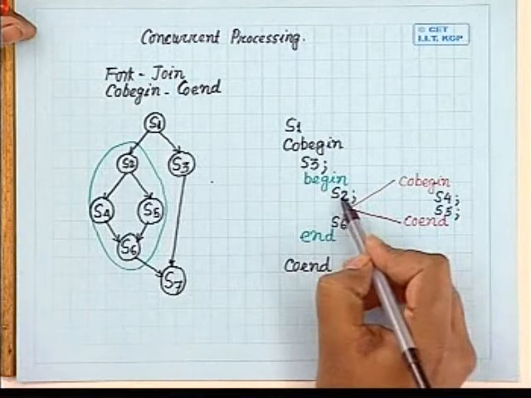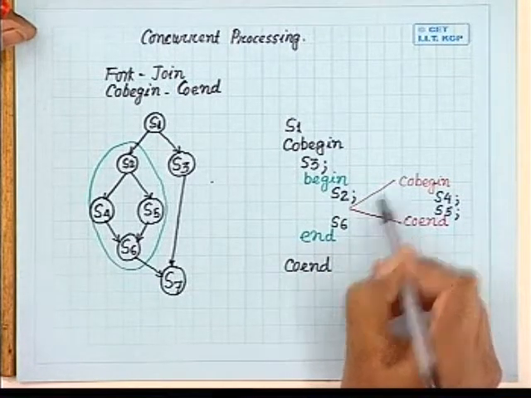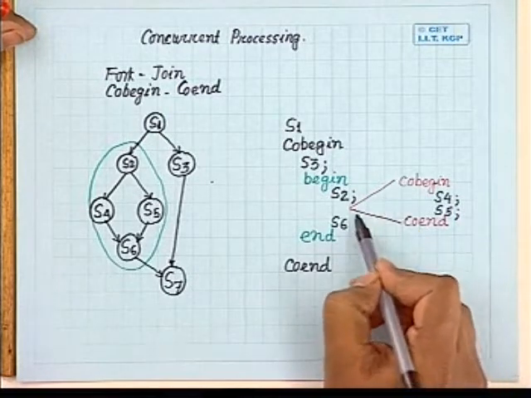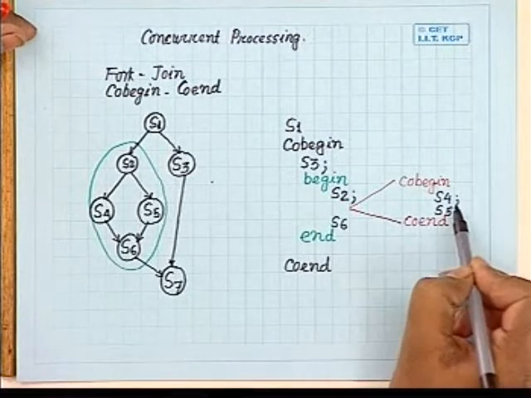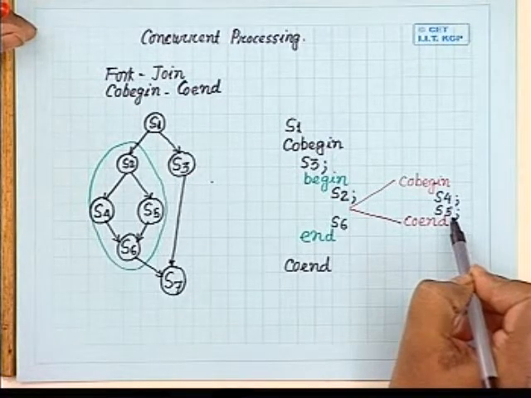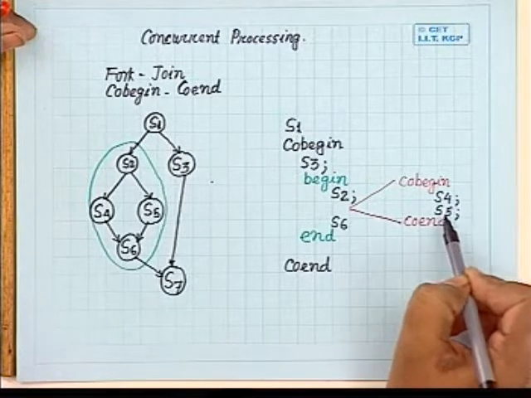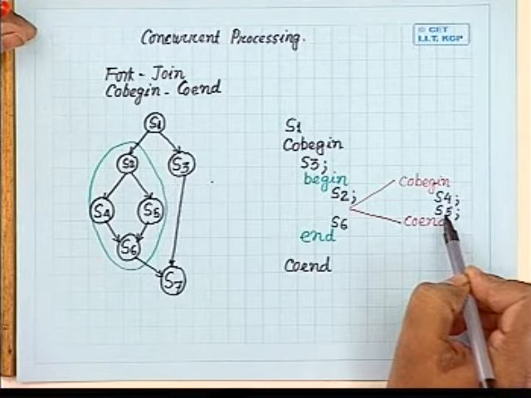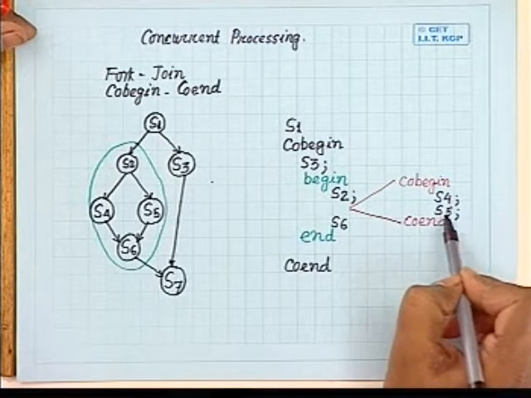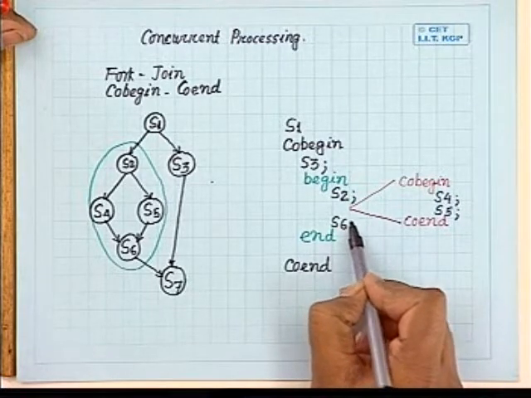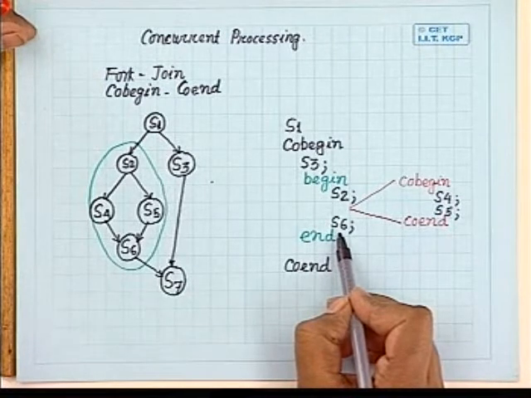Here, first we execute S2. After S2, we create two processes, so I put a co-begin co-end structure with two statements S4 and S5. One process will execute S4, the other will execute S5. When both processes have completed their operation, the parent process which created them will execute S6.